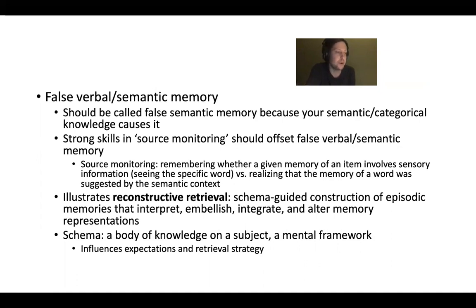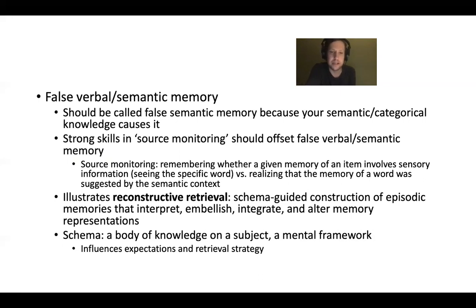These are memories where you're exposed to something, like a list of words in the two examples, and you make mistakes about what words occur in that list because of a semantic relationship. In the second list, the semantic relationship was window.